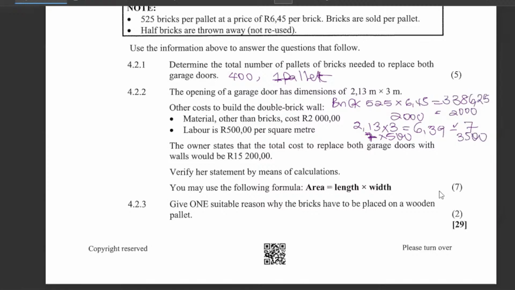When you add 3,386.25 plus 2,000 plus 3, we shall have the answer as 8,886.25.